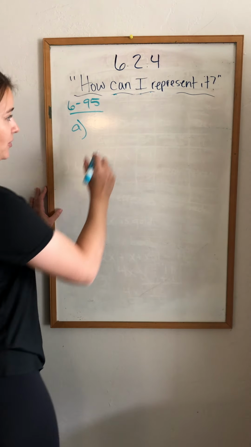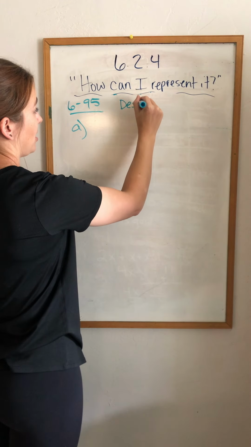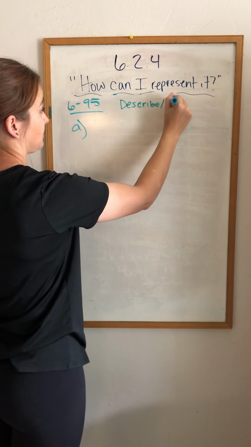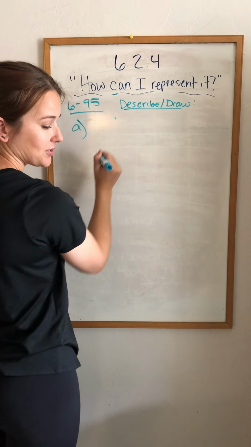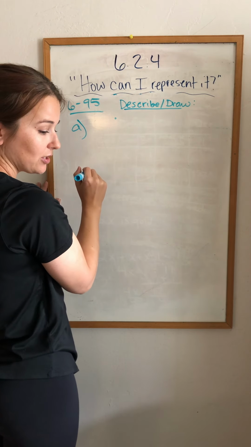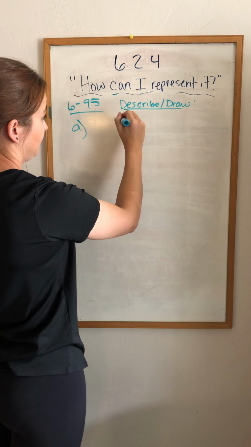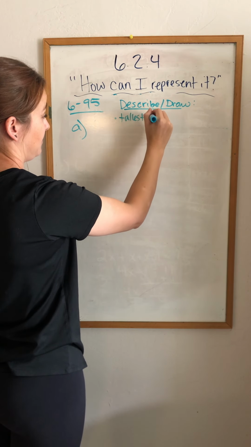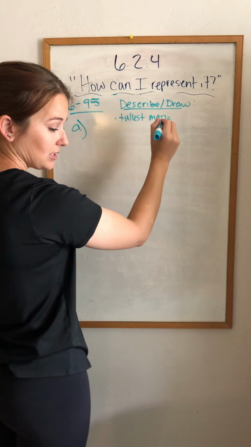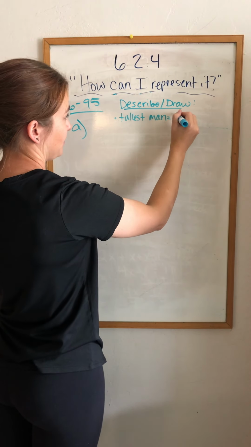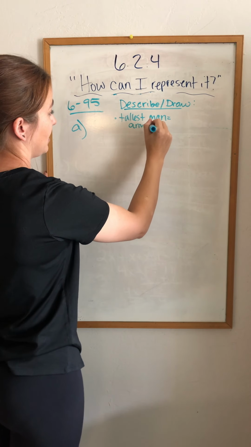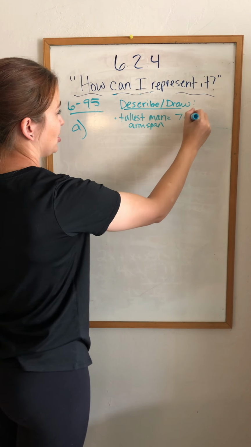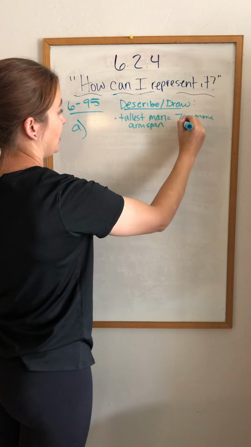So here's what I'm going to do first. I'm going to describe and draw. I'm going to use some of the 5D process for this. So we know the tallest man's arm span is 7 inches more than his height.